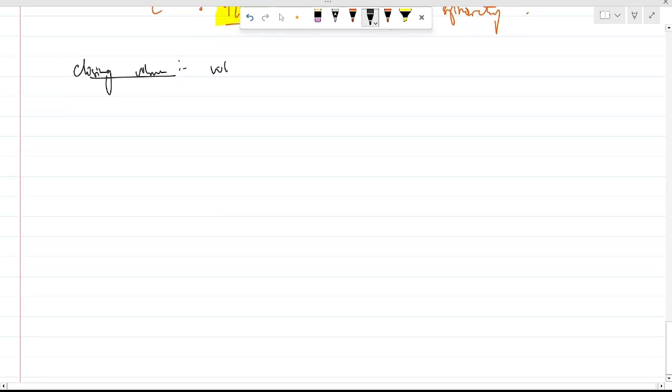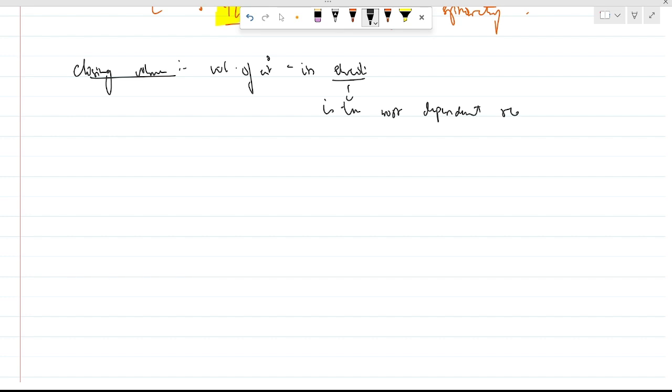It is the volume of air present in the alveoli. These alveoli are in the most dependent region of the lung, nearing the end of expiration.